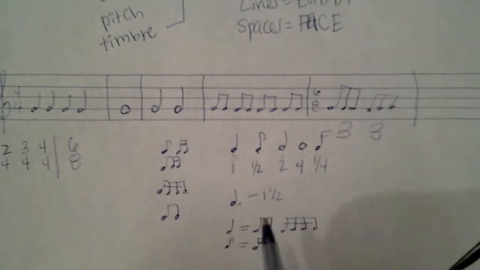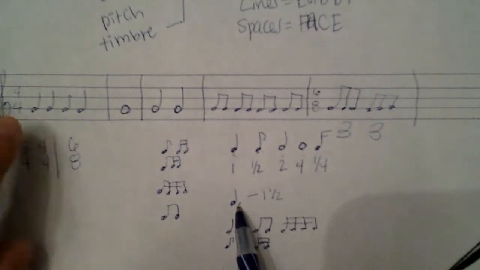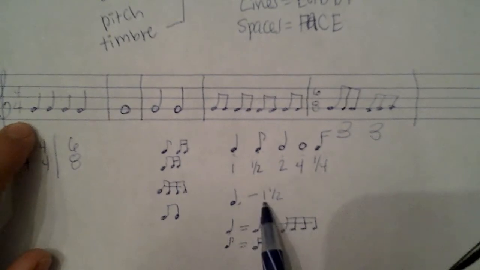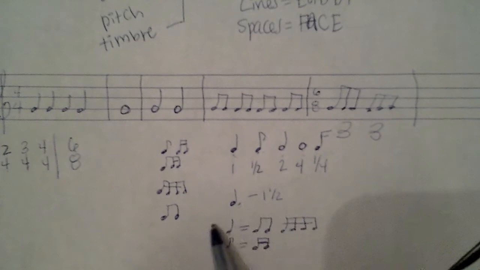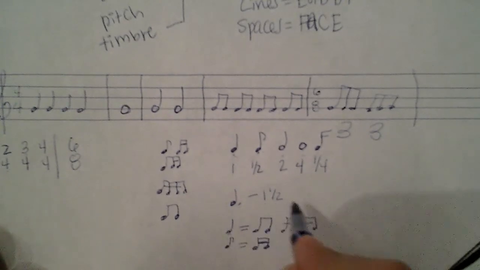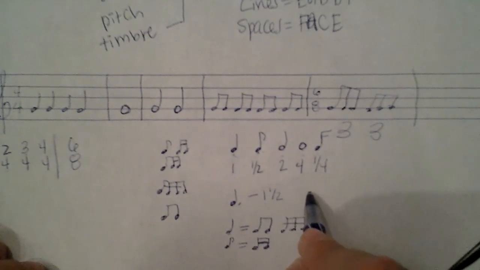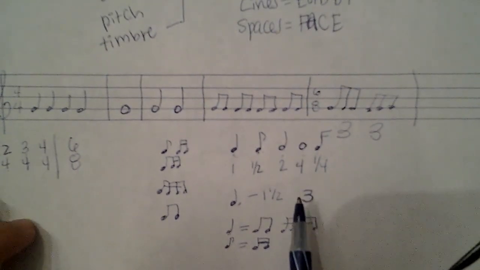Now, one other thing I want to talk about is this dot over here. You see how I have a dotted quarter? If we were in 4/4 time, this would equal 1.5 because you're adding half of the value of the note to the note. If you are in 6/8, this would equal 3 beats. Because let's think about that, okay?